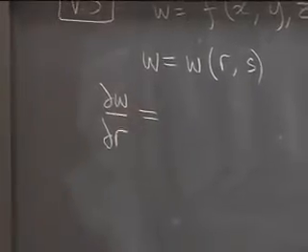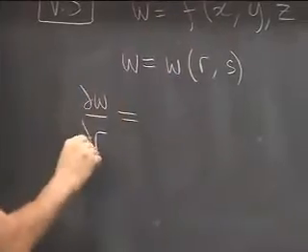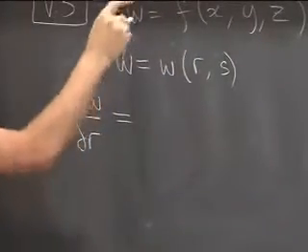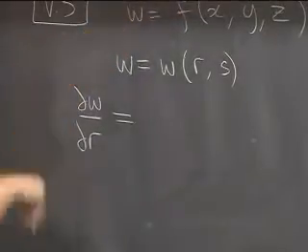Well, it's really very, very similar. You've got to realize that all the derivatives have to be with respect to r. So it's the same as this formula, but with t replaced by r.